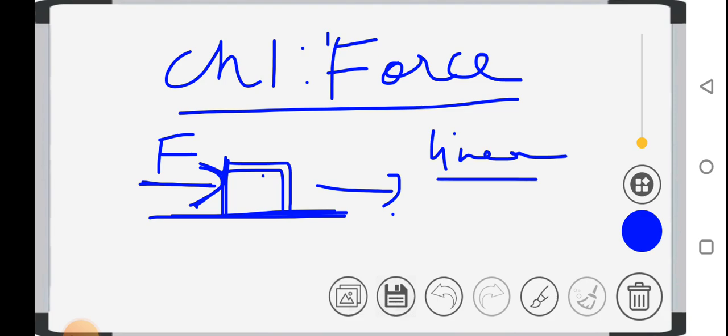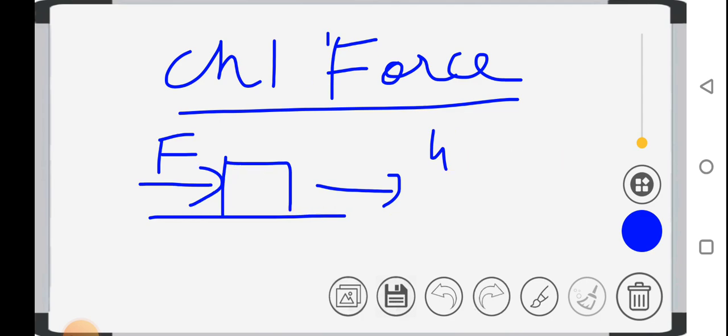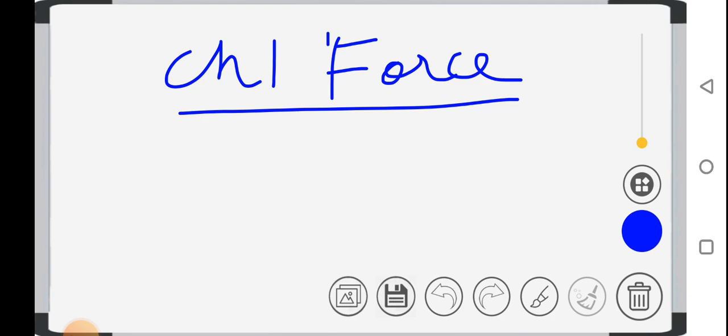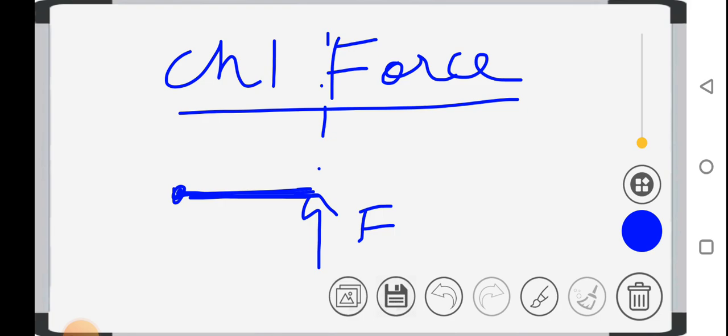But suppose the object is connected to some point, or you can say the object is pivoted to some point. Suppose this is some fixed point, and through this point this rod is pivoted, and now if you apply the force on this rod, is it going to move in the forward direction?